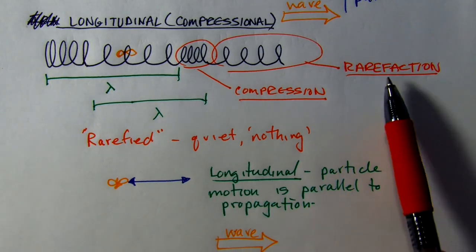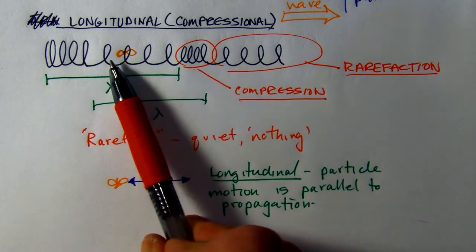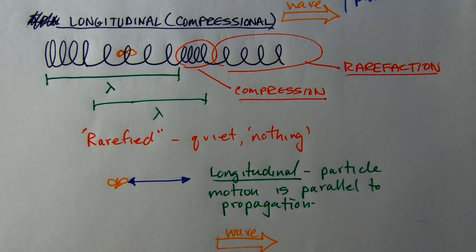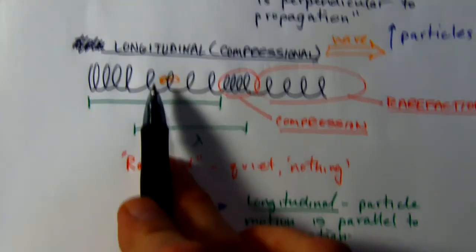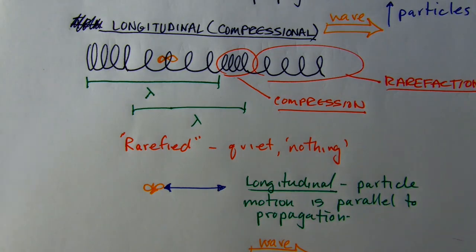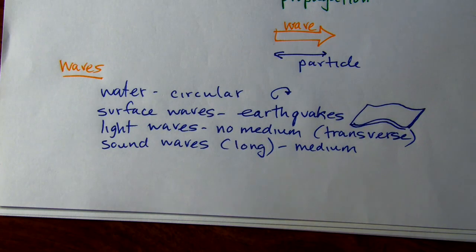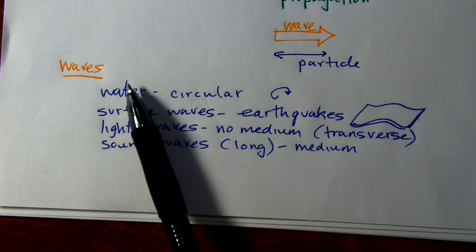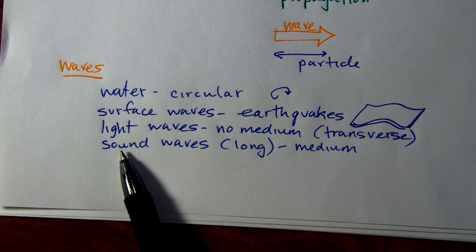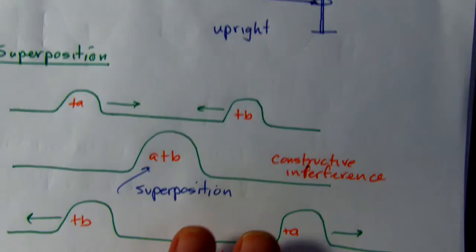And then this concept of rarefaction is that opening that happens behind a wave here. Okay, so as this compressional wave or slinky gets squished, then we'll see that opening happen behind. There are really other types of waves that are combinations of transverse and compressional, and there's some circular motion. So these are other types of waves that we're not going to get into with this lecture.